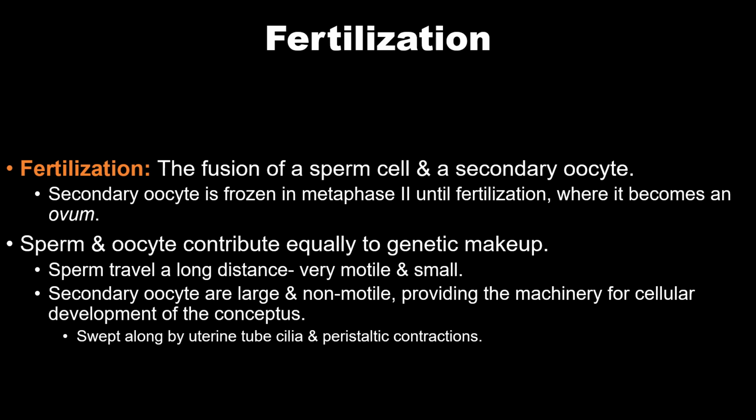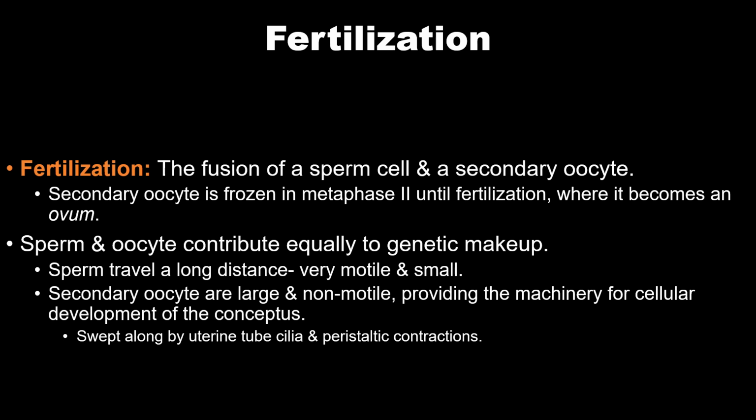Once it becomes fertilized, it sheds that second polar body and now becomes what is known as an ovum. Now, both gametes, the sperm and the secondary oocyte, contribute equally to the chromosome count and the genetic makeup of this new conceptus. But functional roles are unique.